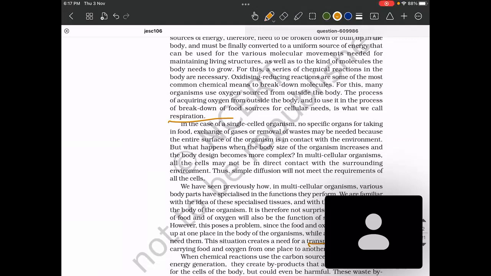So what is the respiratory pigment in humans? Is it hemoglobin? Very good, hemoglobin. Yes, because hemoglobin acts as the carrier for oxygen and carbon dioxide.